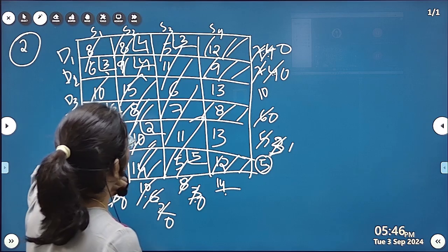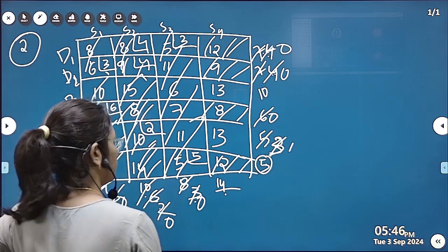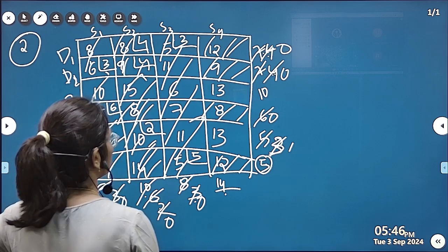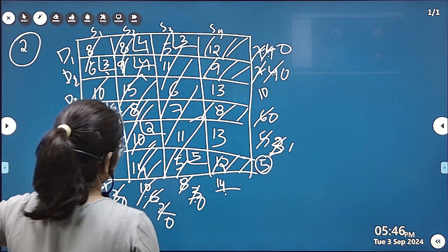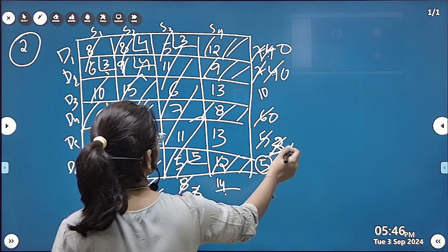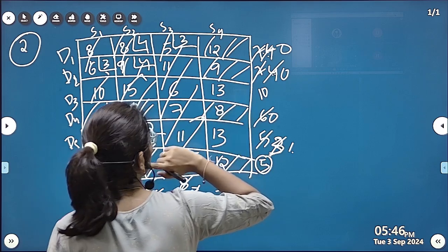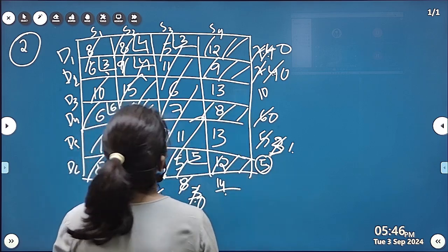Okay, so everything we got correct only. Here it will be 3, right? 3 and 10 is there. 13 only happening.